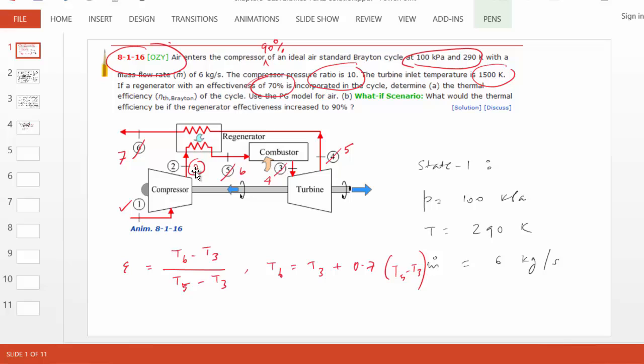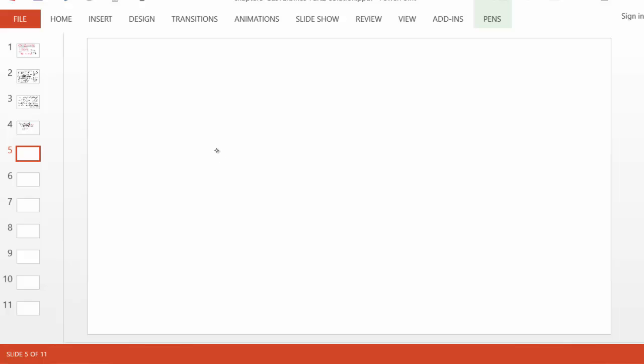As you can see in this diagram, the hot gas from the turbine exhaust is the donor, going from 5 to 7, and the compressed air from the compressor is the receiver, from 3 to 6. So the heat received by the compressed air is m dot (H6 minus H3).